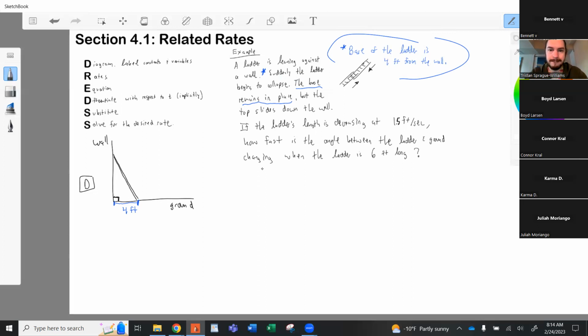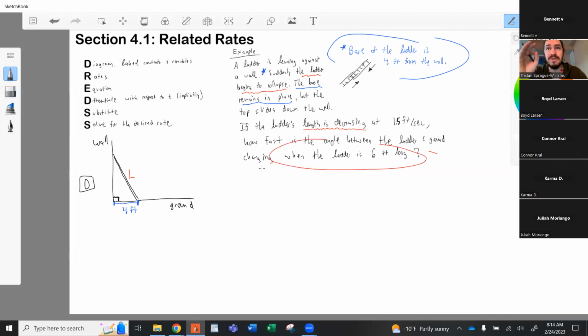So for example, first of all, the ladder begins to collapse, which means that its length is decreasing. Okay, so the length of the ladder, which we'll call capital L, that length is a variable. So I can't label the ladder's length anything in particular. At the end we're asking when the ladder is 6 feet long.